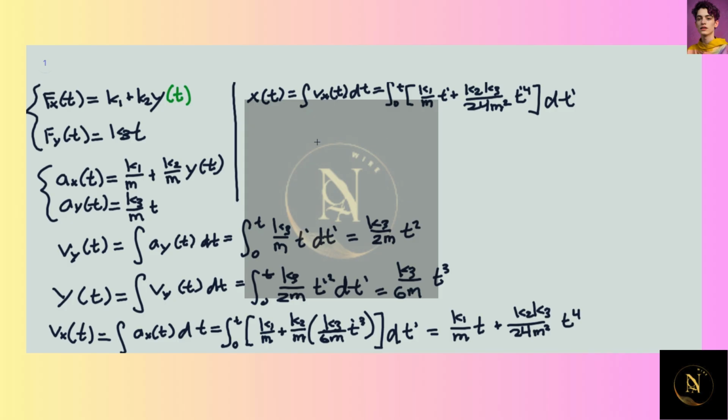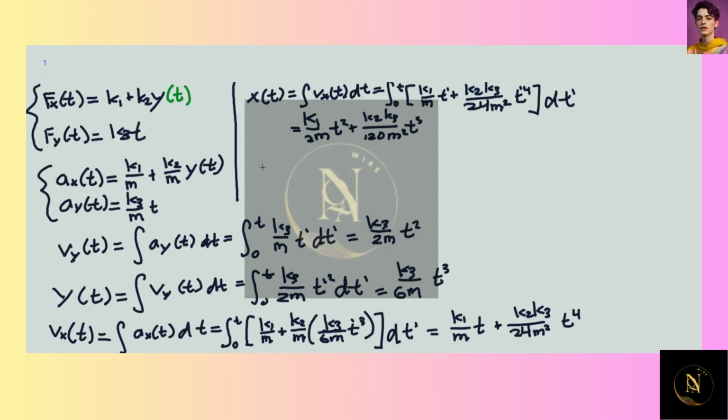We need to start a new line because that's just not going to fit. That will give us k1 over 2m t squared plus k2 k3 over 120 m squared t to the whopping fifth power.